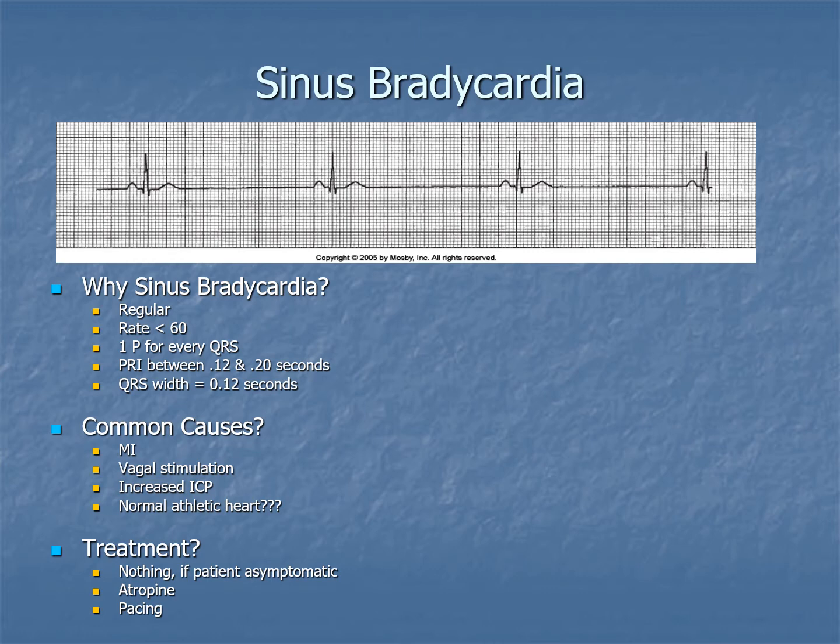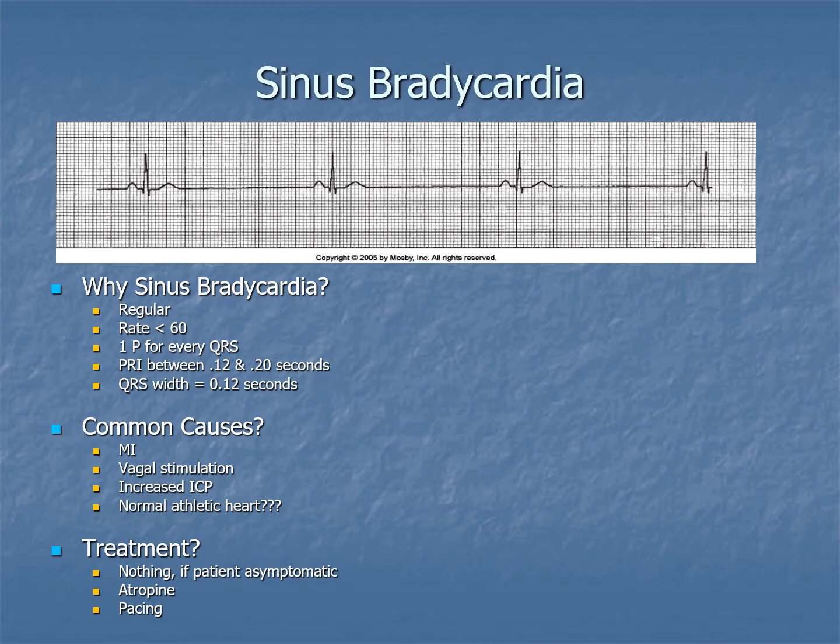Some of the common causes, as I just alluded to, the normal athletic heart is a possibility, but it could also be a myocardial infarction or an MI, vagal stimulation, or increased intracranial pressure, where you have some issue going on with the autonomic nervous system because of the increased ICP. Treatment may be nothing if it's asymptomatic.